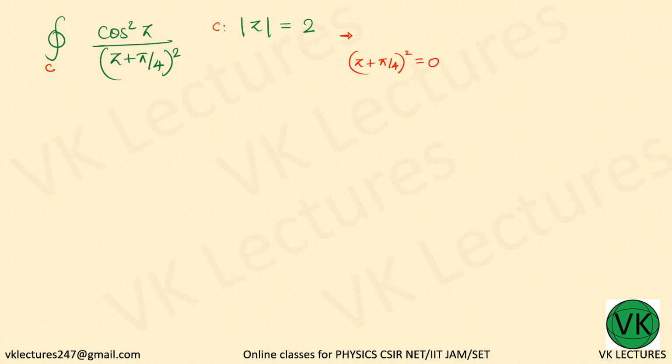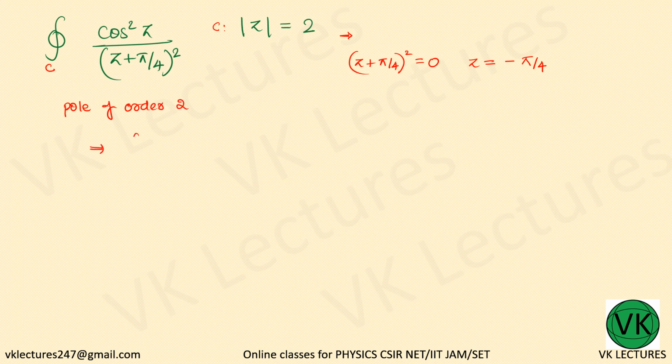Now which means what? z is equal to minus pi by 4. Okay, z is equal to minus pi by 4. Now what we have to do is, this is a pole of order 2.